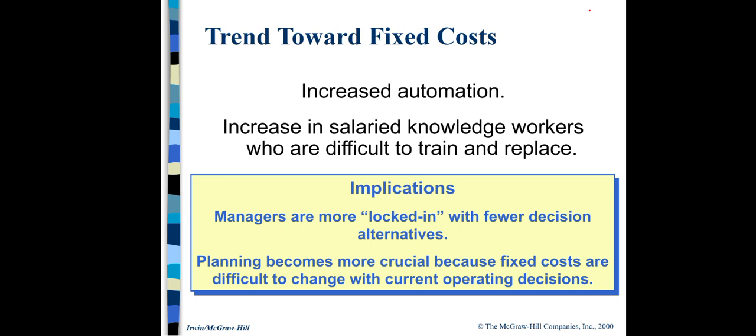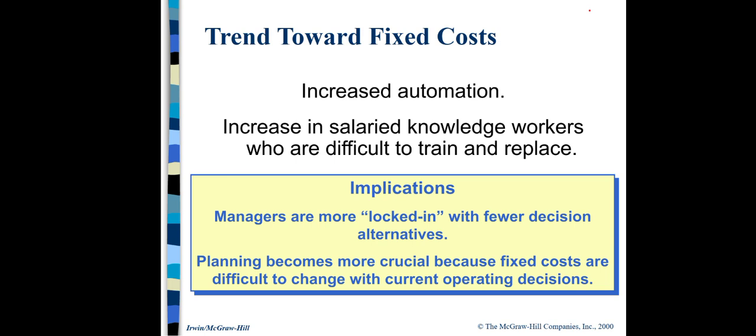Jadi implikasinya, manajer itu akan kesulitan untuk menetapkan suatu keputusan karena alternatifnya sangat sedikit kalau kita berhadapan dengan lebih besar fixed cost daripada variable cost. Karena kan fixed cost tidak bisa diubah langsung ya. Tidak bisa diubah secara langsung. And planning becomes more crucial.